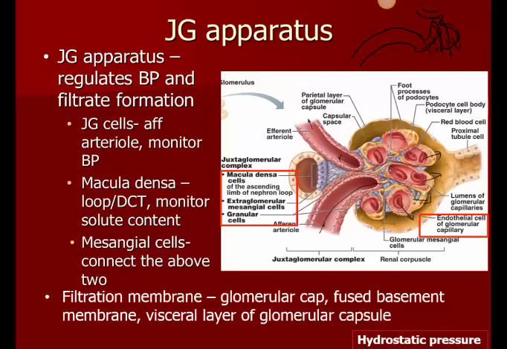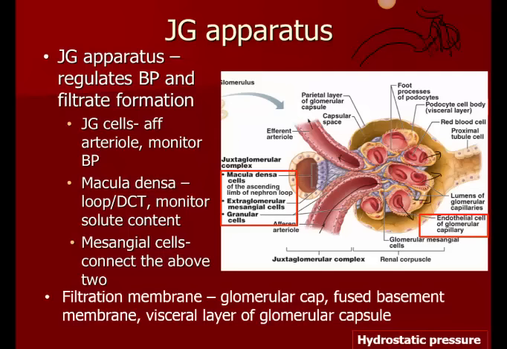Do you understand? Okay? Now here there is an apparatus which, just because I told you that the constriction occurs, there should be something in the kidney which monitors blood pressure and also monitors how many solutes are passing in, because you do not want to be indiscriminate and pass all the solutes out of your body.